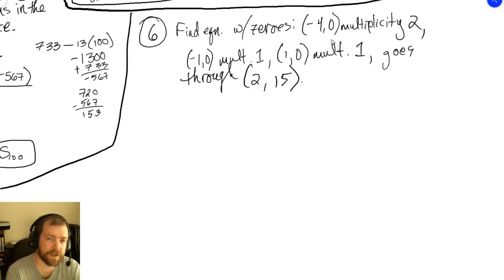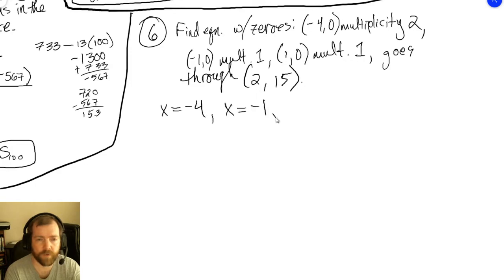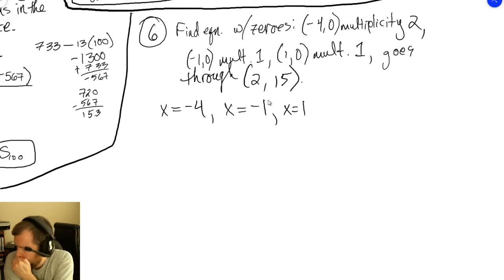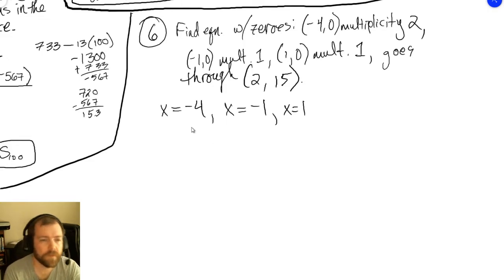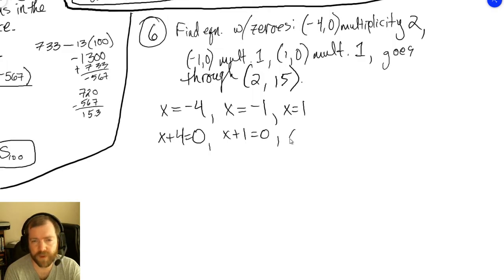So if this thing has zeros, -4, 0, -1, 0, and 1, 0, then in each of these particular cases, our x value is equal to -4, -1, and 1. And the actual zeros for these things then become x plus 4 equals 0, x plus 1 equals 0, and x minus 1 equals 0.